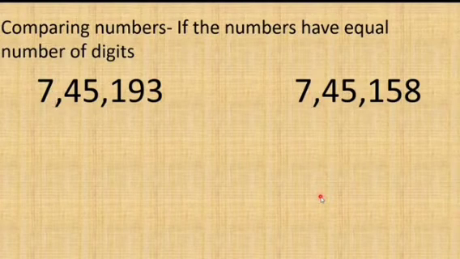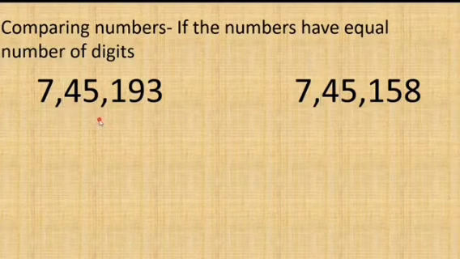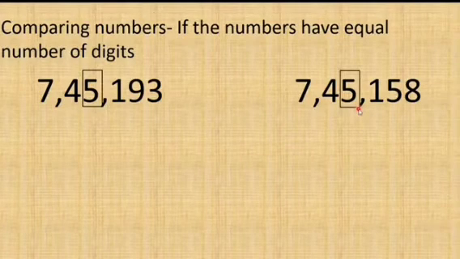Both are equal, no problem at all. We move on to the next digit. There we have 4 and 4. Both sides we have the same numbers. Correct? No problem at all. Now again, the next number is 5. 5 here and 5 here again. Then also we don't have any problems. It's the same.